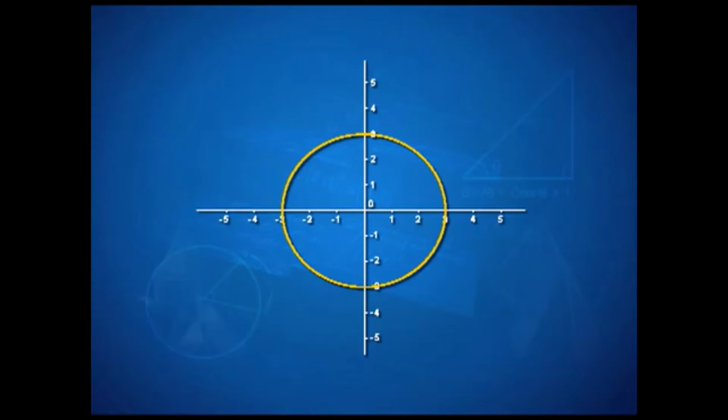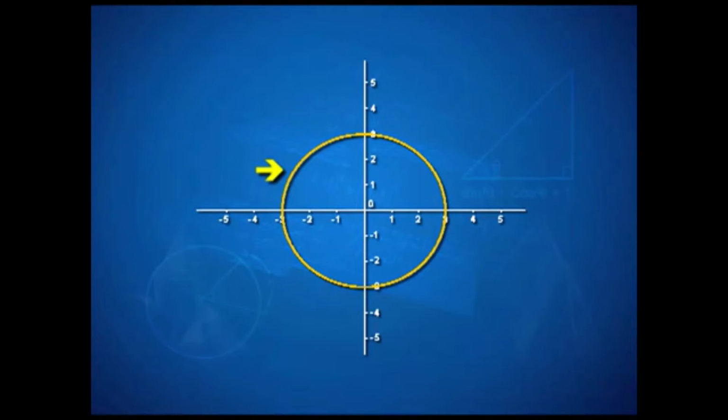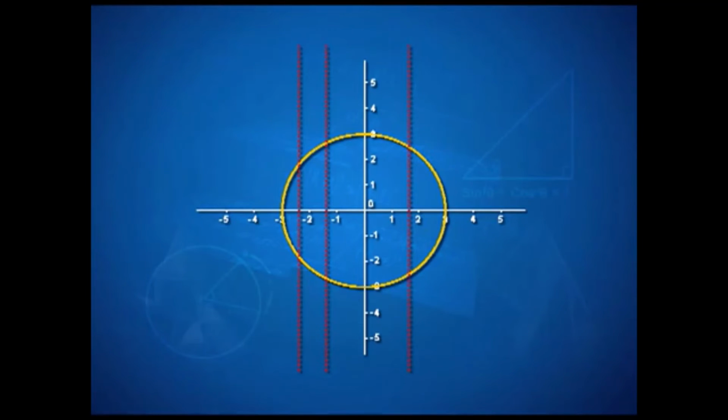What about this one? Here I have a circle now, representing the graph of a function. If I take vertical lines at different places, you will see they cut the graph at more than one point, and therefore this graph does not represent a function.